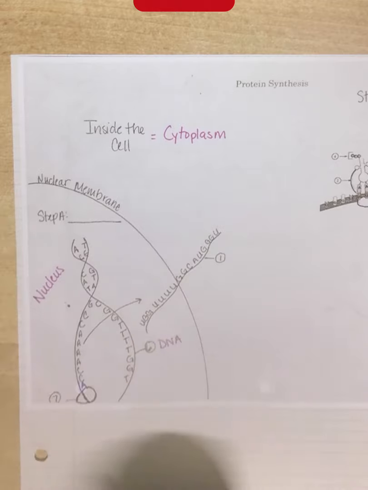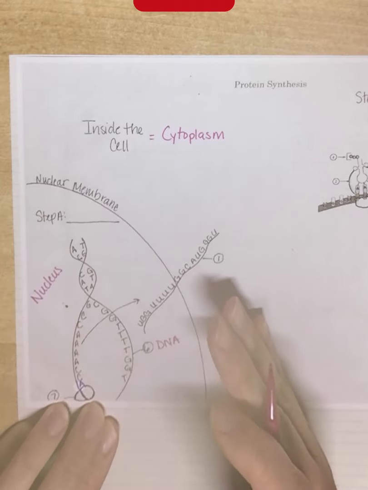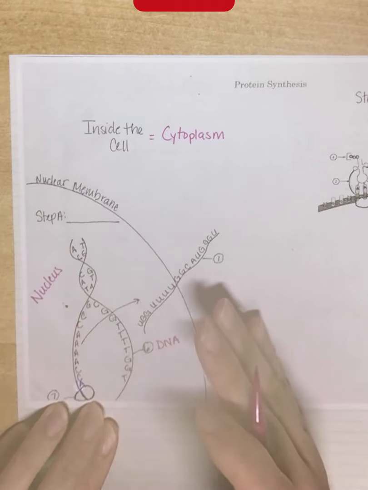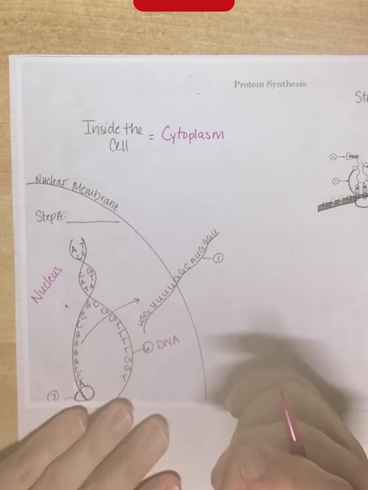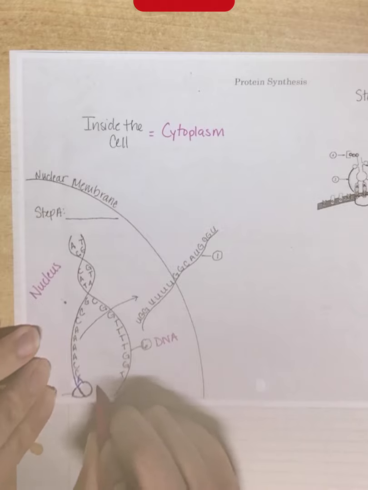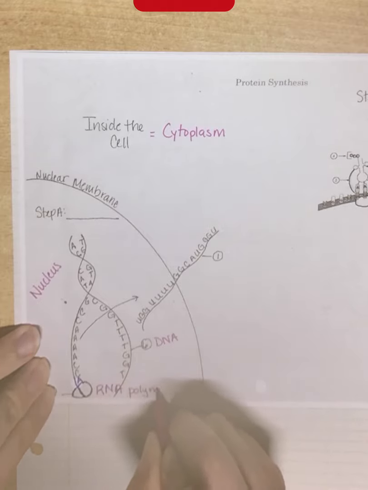Now, I want to make a copy of this DNA molecule because, again, I don't want it to leave the nucleus. If it leaves the nucleus and it goes in the cytoplasm, there's a chance that it could get damaged or it could get lost. So, to make that copy, I'm going to use right here what we call RNA polymerase.